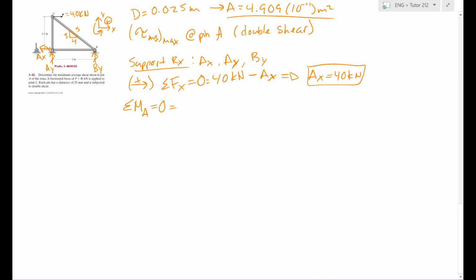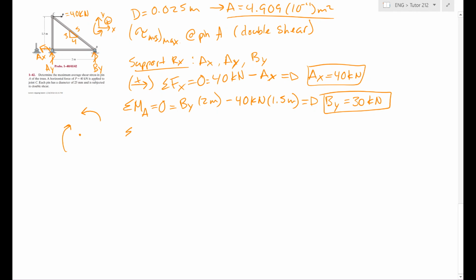So BY is doing this type of rotation about A, counterclockwise, so it's going to be positive, and its perpendicular arm is 2 meters from that support at A. And then the 40 kilonewtons will be going the opposite direction, clockwise, so it's going to have a negative in front, and its perpendicular distance is 1.5 meters. And then we'll solve that for BY, and get 30 kilonewtons.